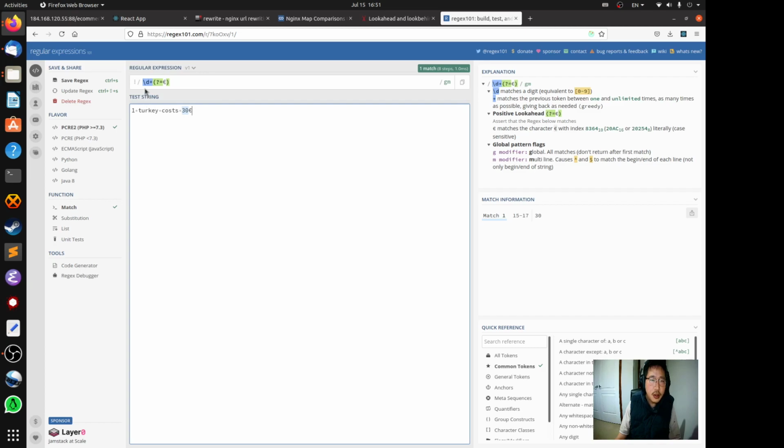The first part says one or more digits. So far we've got two candidates: 1 or 3 and 0, right? And this is a look ahead that looks ahead from either here or here and tries to find: is there a euro sign immediately after the digits?